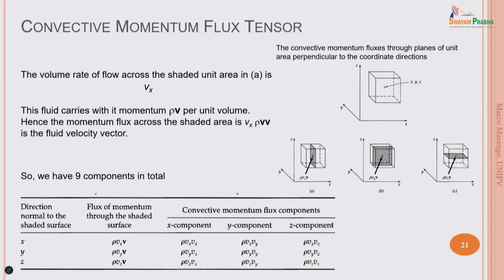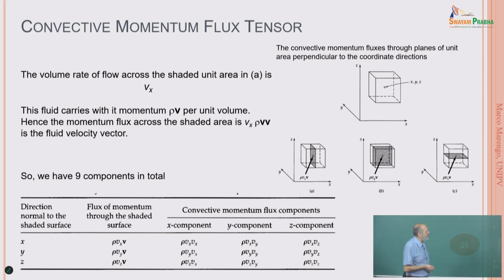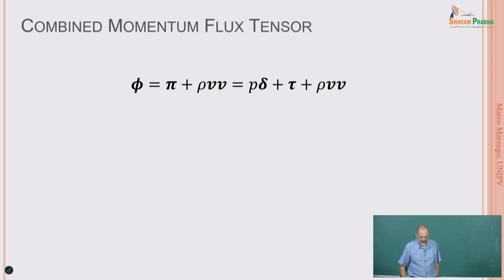Again, in the plane x, y, and z, all these momenta have three components because the motion is not predictable. So it's not in one direction only. We have possible directions. So all the terms of an x, y, and z plane have three components. So in fact, we are going to land not in 81, but in 9 components. Okay? So these are the components of the momentum flux in the 3 directions. It's not too bad with respect to the 81 components that we had.